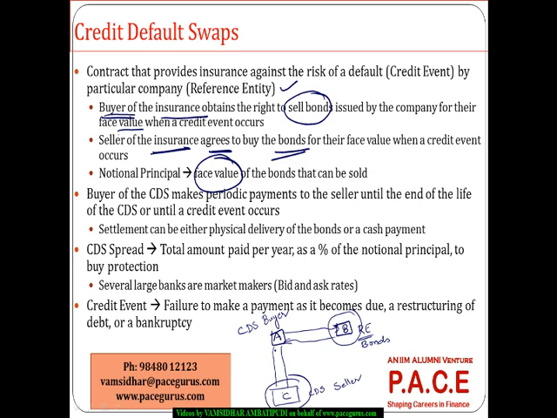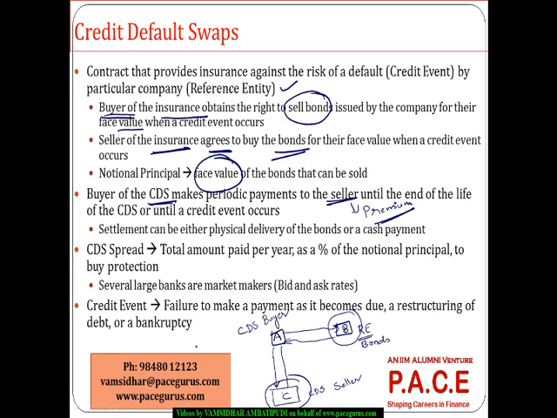Now, to get that kind of protection, the buyer of CDS, who is A here, makes a periodic payment to the seller. It's a kind of an insurance premium. Look at it from that perspective. It's a periodic payment that A is paying to C until the end of the CDS.